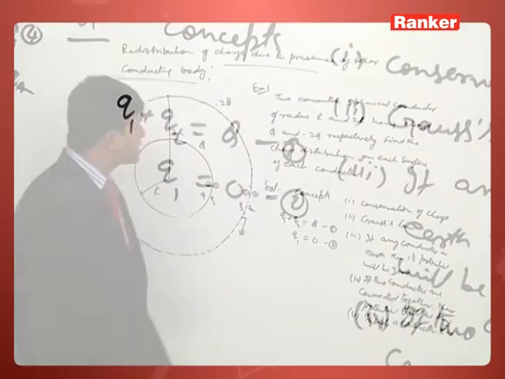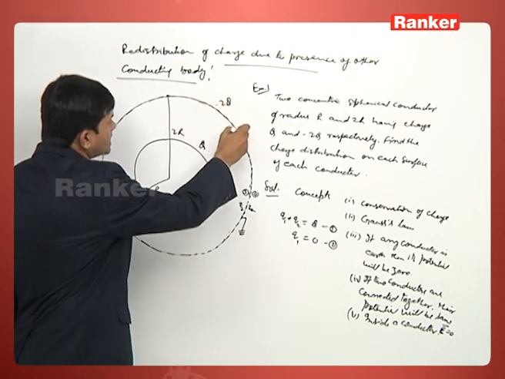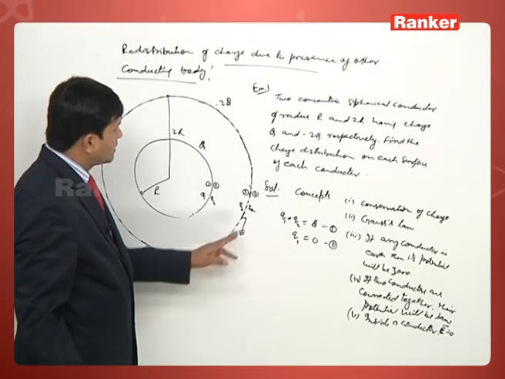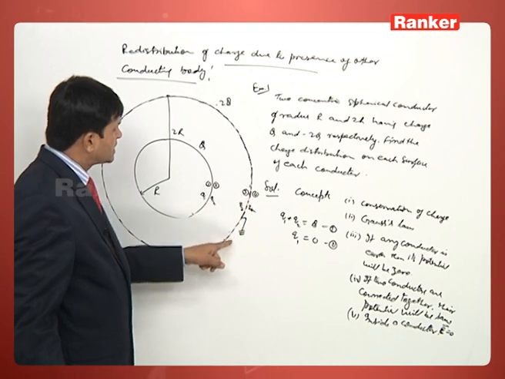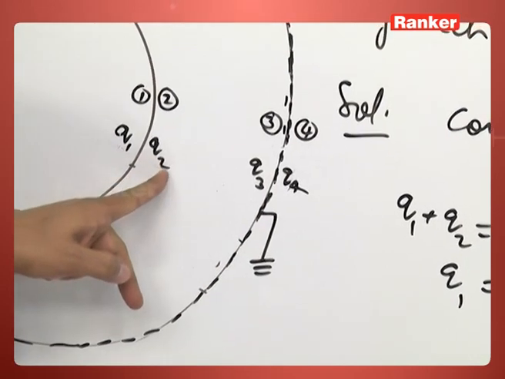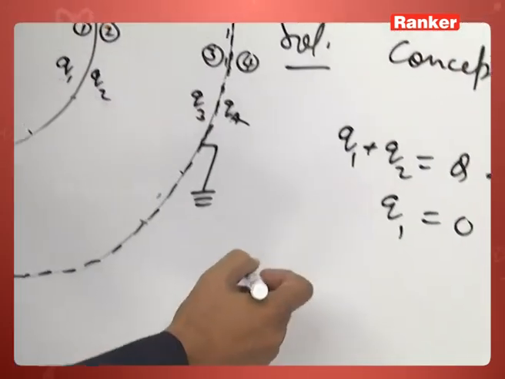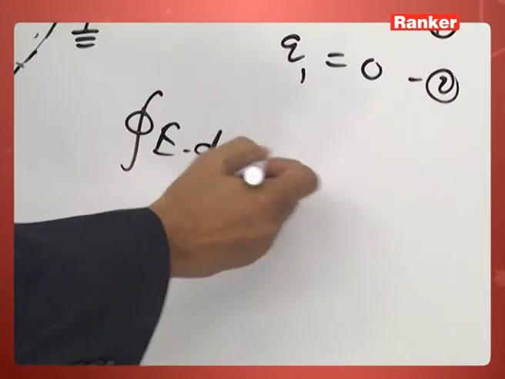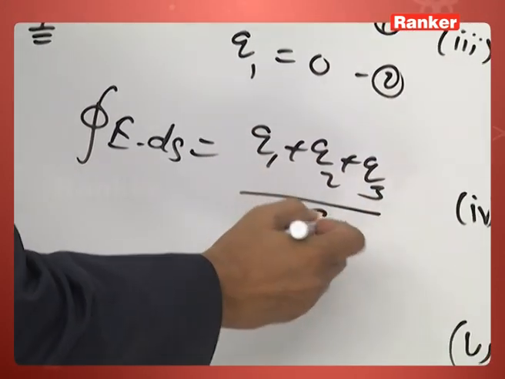When we are considering Gauss law, again we are considering the Gaussian surface inside the outer shell. When we consider the Gaussian surface inside the outer shell, the total charge will be Q1 plus Q2 plus Q3. So the integral of E dot dS is equal to Q1 plus Q2 plus Q3 by epsilon naught.